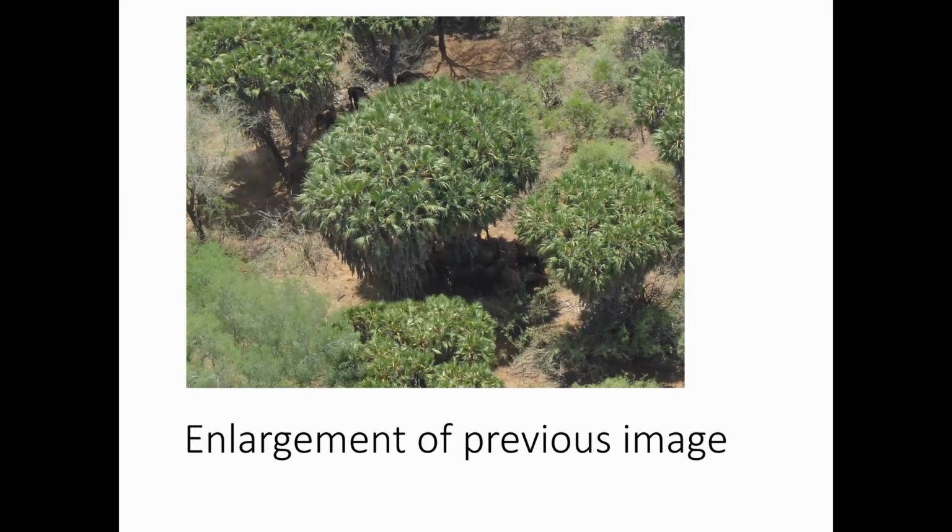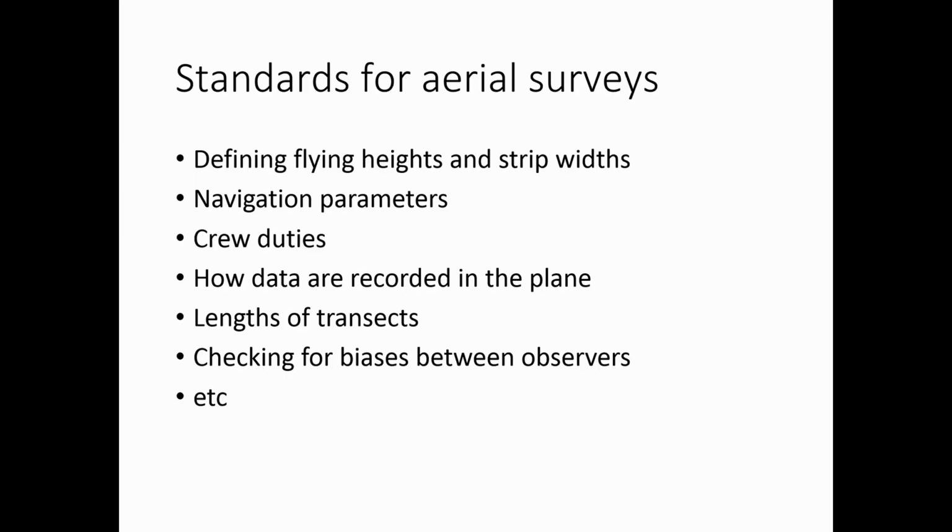So this is why observers miss 30, 40, 50%. You're asking too much of them. But over the last 20 years or so, more standards have been designed to try to sort out some of these issues by standardizing on techniques, defining your flying heights and strip widths, your navigation parameters, and your crew duties, exactly what they will do.